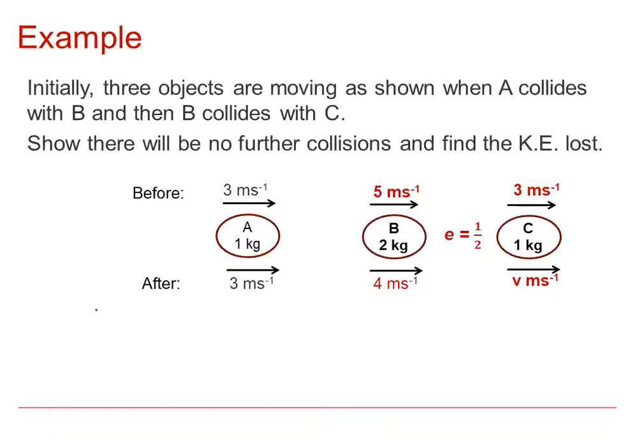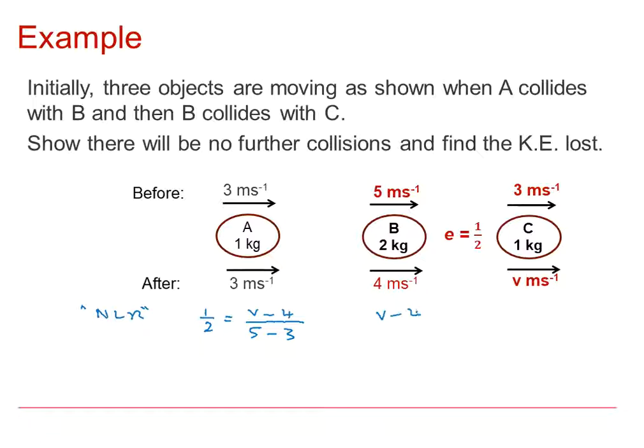Now when I do Newton's law of restitution, and this is B hitting C, the coefficient of restitution is given as a half, and the separation speed, again both arrows to the right, V must be bigger than 4 after the collision. C must be travelling faster than B, so it's the bigger V take away the smaller 4, and before the collision the approach speed, they're both moving to the right, so the approach speed is the bigger 5 take away the smaller 3 as they approach each other.